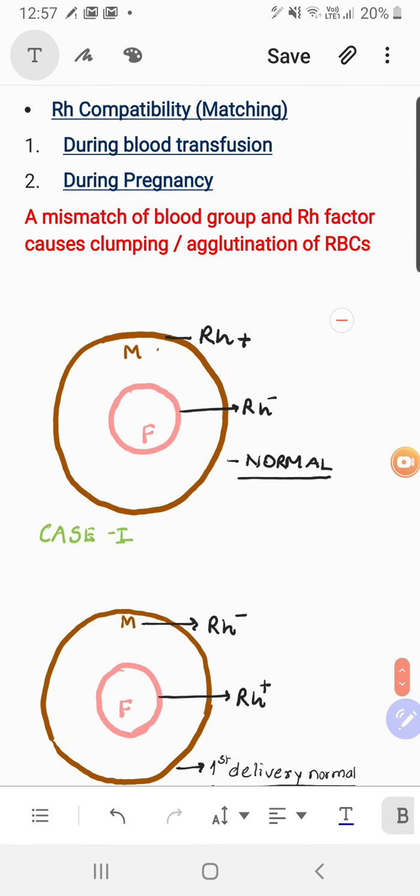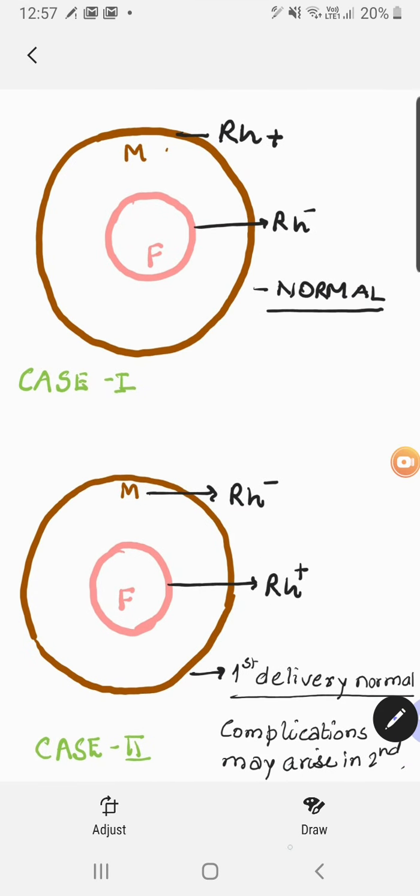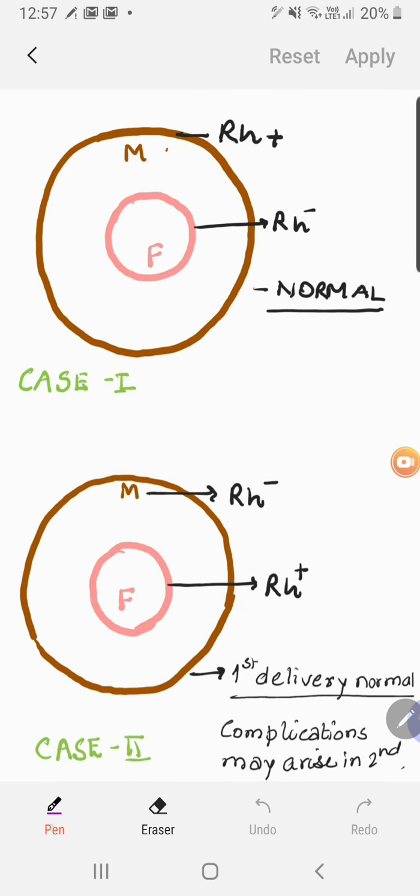Children, I have just told you that apart from matching the blood groups, we also have to match the RH factor. If one person is RH positive, the other one should be either RH positive or RH negative, no problem. I'll show you this in this picture. Just see this picture. Let me make myself enable.